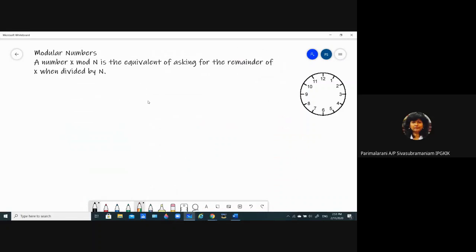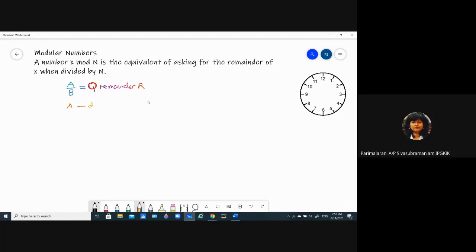Modular numbers. Before I give you the definition, let's say you want to divide two numbers A and B, A divided by B. When you divide A and B, you get your answer, known as the quotient, and you may have a remainder, which we call R. This is a normal division.